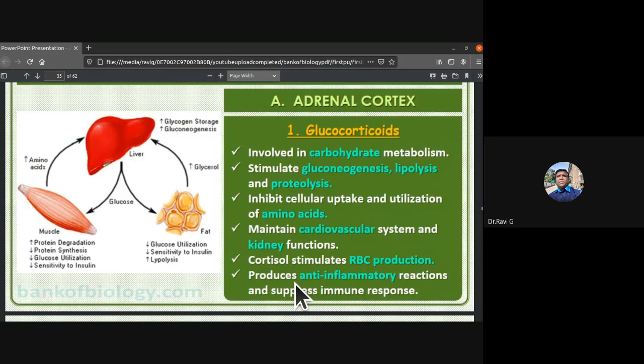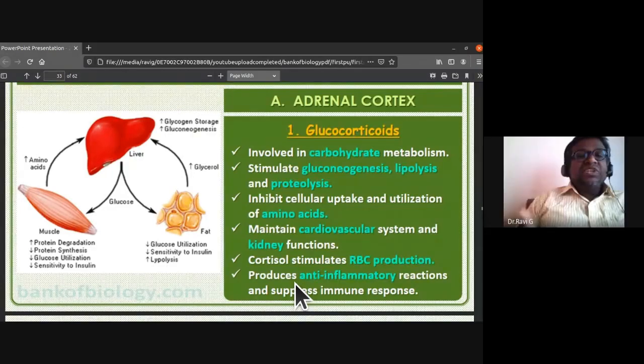Glucocorticoids stimulate gluconeogenesis, lipolysis, that is breakdown of lipids, and proteolysis, breakdown of protein. They also inhibit cellular uptake and utilization of amino acids, which is also one of their important functions.